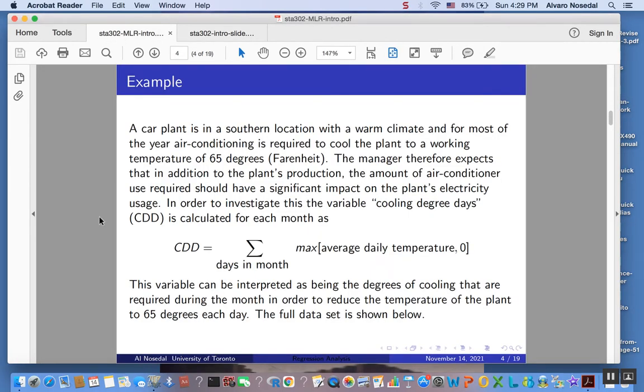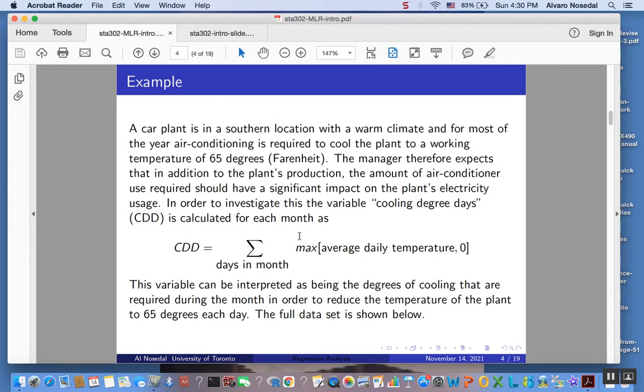So take a quick look at this slide. Basically, what we have there is the description of one of the predictors we will be using in this case. Now let me show you the next slide.